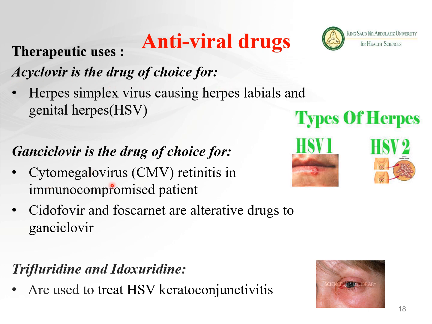Or for cytomegalovirus retinitis, a viral infection of the retina in immunocompromised patients, ganciclovir is the drug of choice. These are the other alternatives for ganciclovir. Along with that, trifluridine and idoxuridine can be used for the treatment of HSV keratoconjunctivitis, that is a viral infection of the conjunctiva.